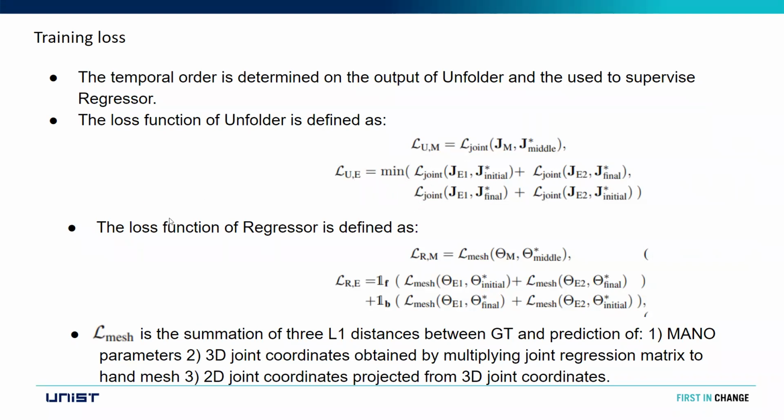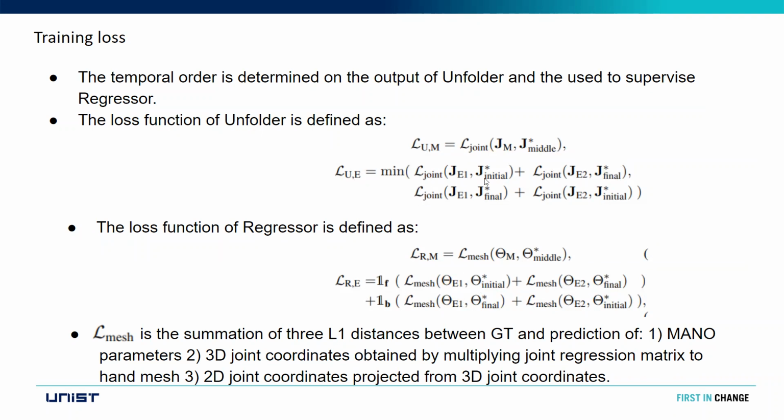Depending on that one, the regressor performs either this one, where the star again stands for the 3D ground truth, or this one. If we choose the forward direction, and this is the minimum, then this one becomes positive, so we perform this one.